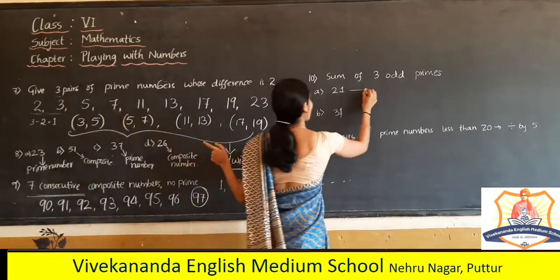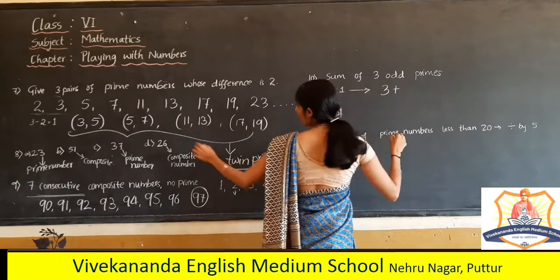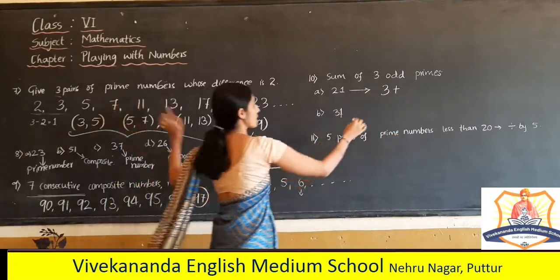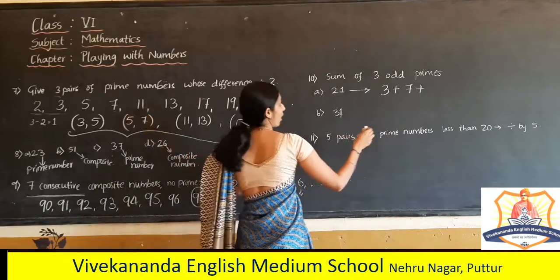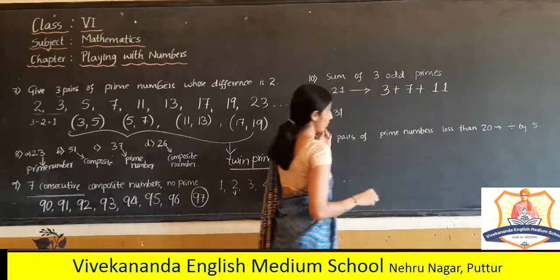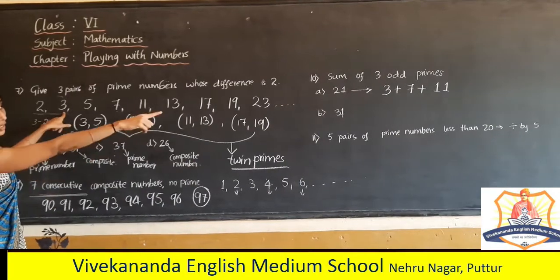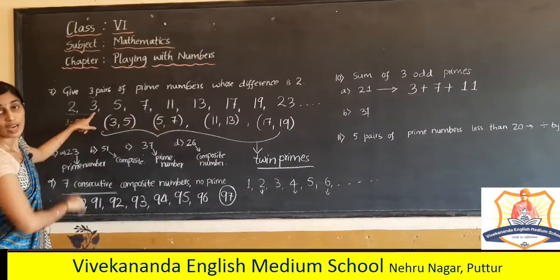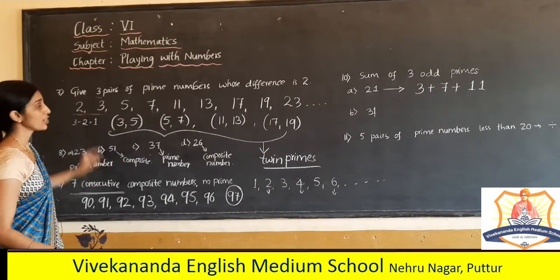So I can write this number as 3 plus 7 plus 11. Understood? All the numbers I have taken are odd primes. I did not take 2, which is even.